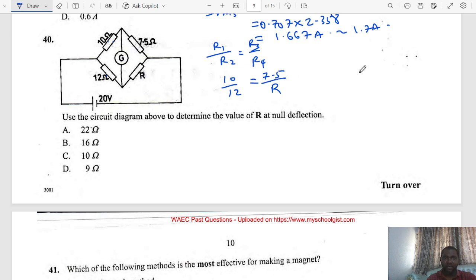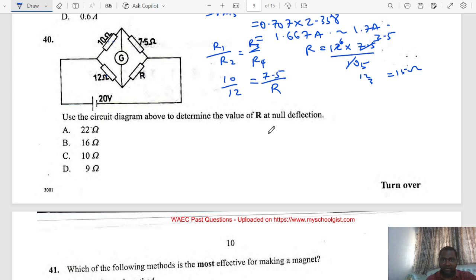Quite interesting, right? Now this means your R is going to be 12 times 7.5 divided by 10. I think this is 6, this is 5, this is 2.5, this is 12 plus. That's 15. So the answer is meant to be 15 ohms.